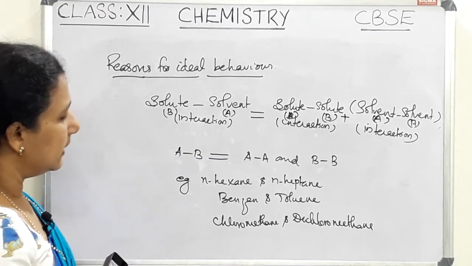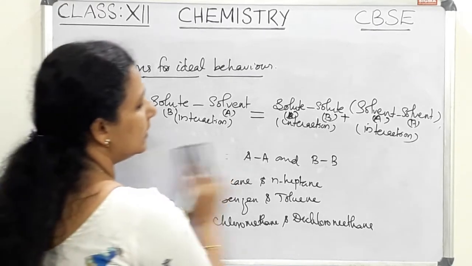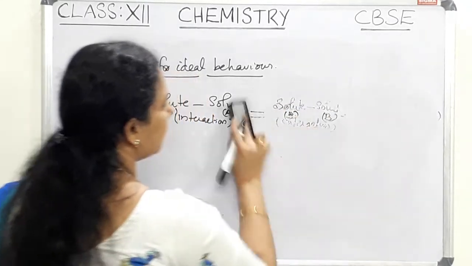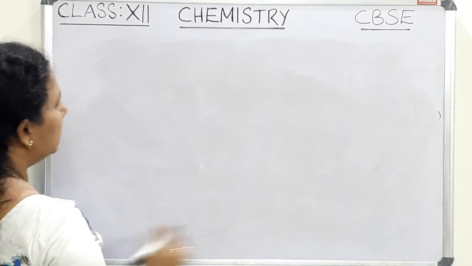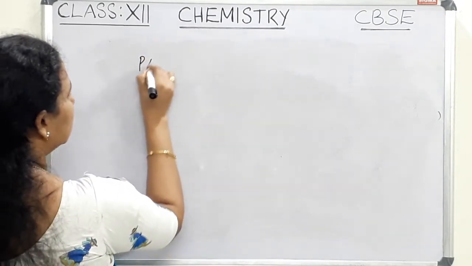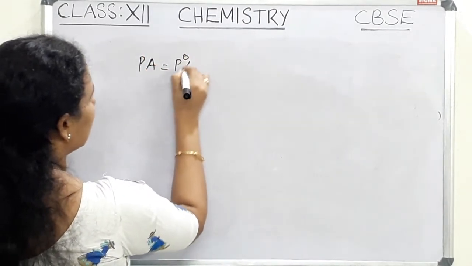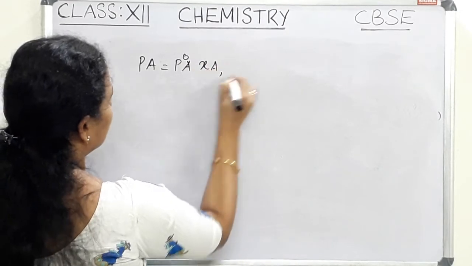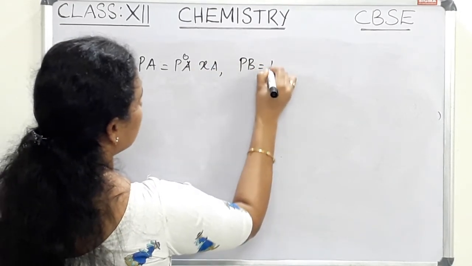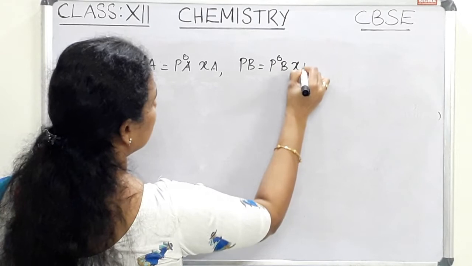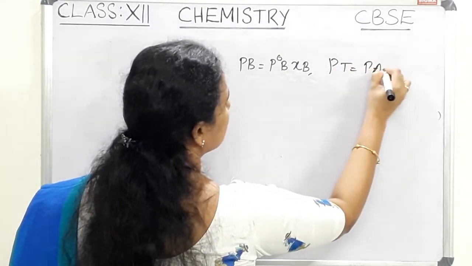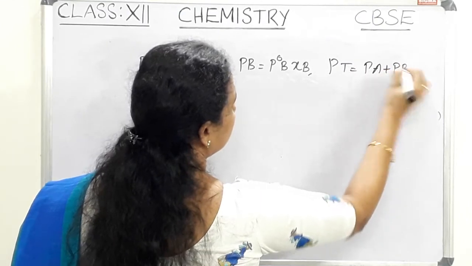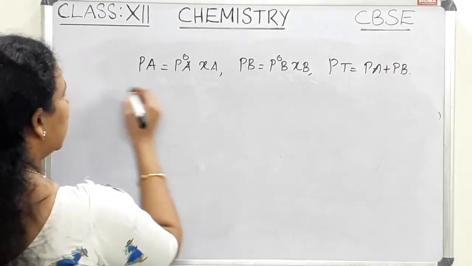So now let's see Raoult's law in this case also. According to Raoult's law, PA is equal to P0A XA, PB is equal to P0B XB, and P total is equal to PA plus PB. So with this we can draw a graph.